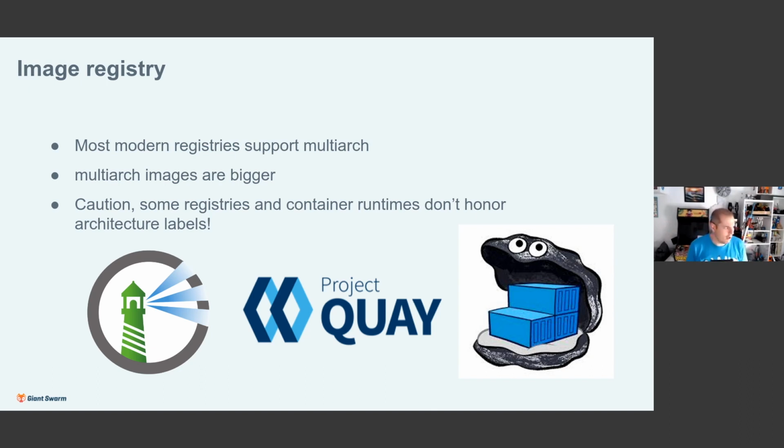I think in the OCI specification 1.0, multi-arch is resolved. But anyway, I've seen issues in, for example, CRI-O, which is a container engine, as recent as 6 months ago. So you always need to check and not trust blindly.